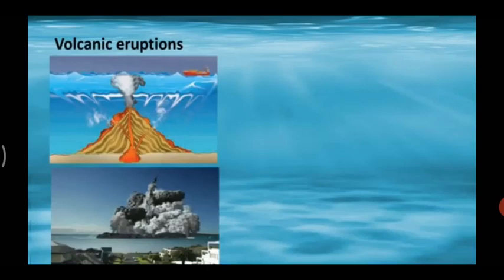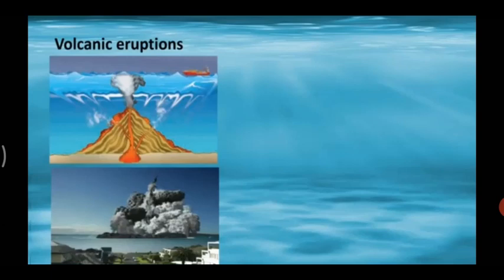Next is volcanic eruptions. Now, volcanic eruptions occur on land, right? Similarly, volcanic eruption also takes place in the ocean as well. Now, the first picture you can see is of a volcanic eruption occurring on land. And the second picture is a volcanic eruption taking place in the ocean.